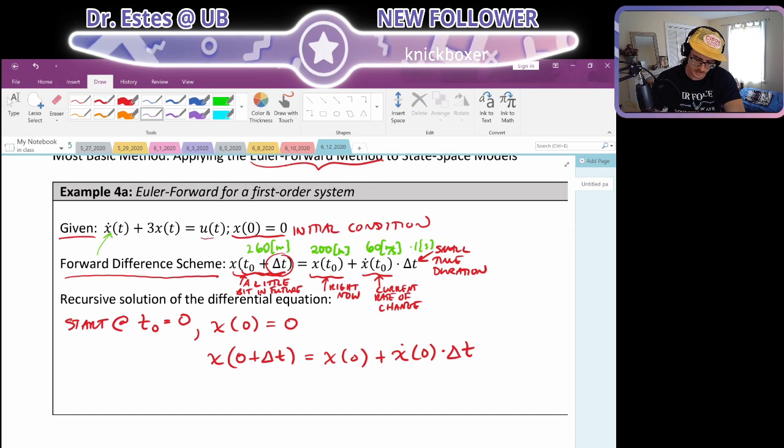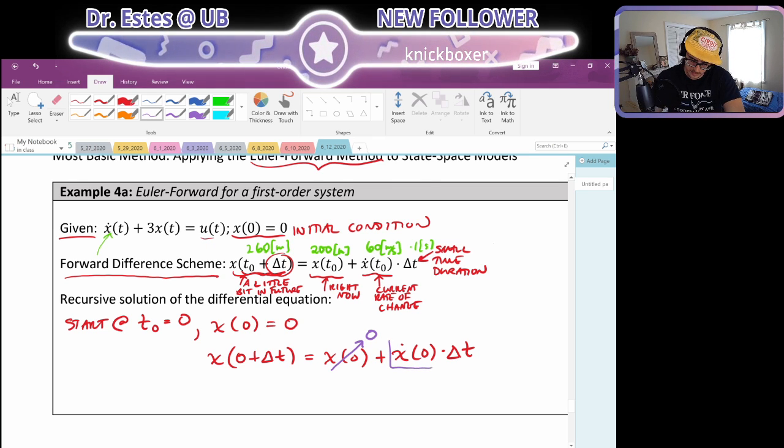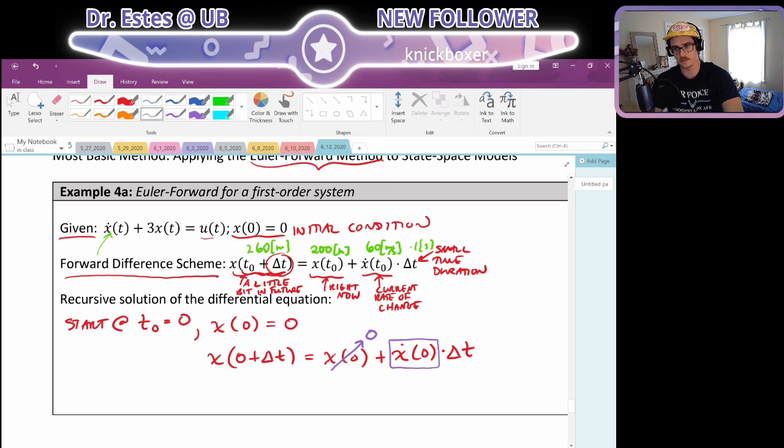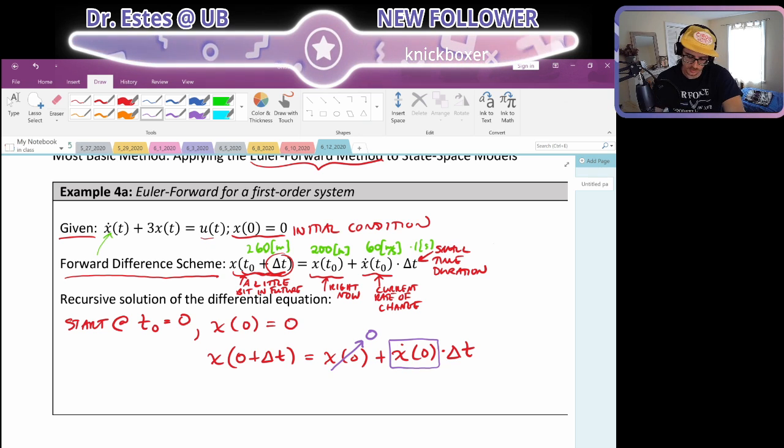Well, okay, for this equation, I know that for my initial condition, x0 is 0. How do I get my rate of change at 0? Well, you could use our original differential equation.